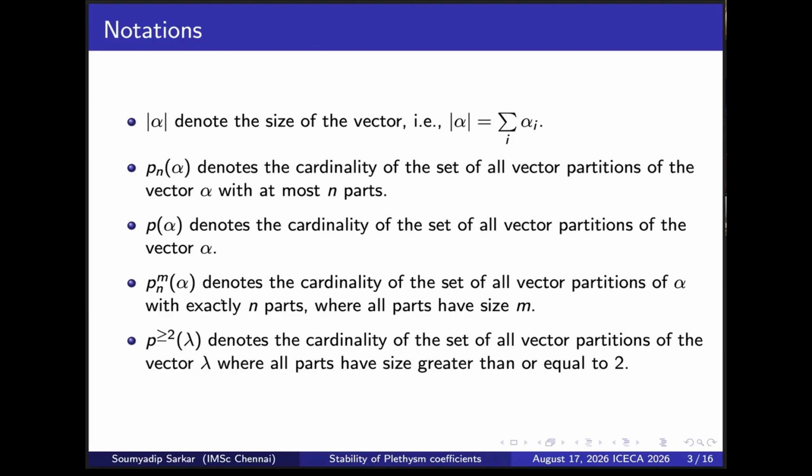P(alpha) means we are considering all the vector partitions without any restriction. By P_{n,m}, we mean all the vector partitions with exactly n parts, where all parts have exactly size m. And by P_{>=2}(alpha) we mean all the vector partitions where all the parts have size at least 2. So these notations will be useful for us.